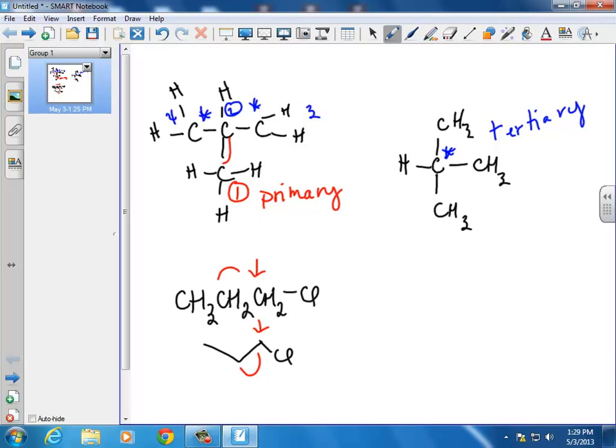So we've got to get used to the bond line formula. I know it might look a little abstract at first, but got to get accustomed to it. Okay, so this would be a primary alkyl chloride. Remember, alkyl, that's just a carbon-hydrogen chain. Okay, alkyl groups, carbon-hydrogen chain. So primary alkyl chloride.